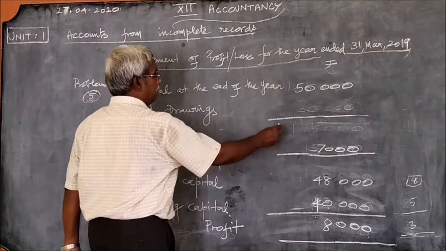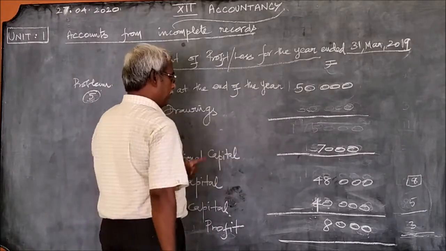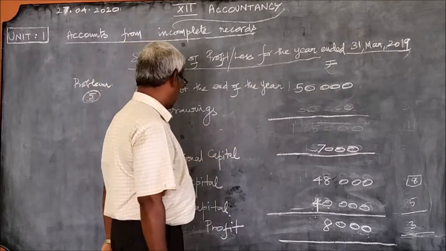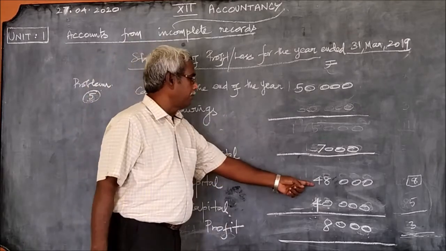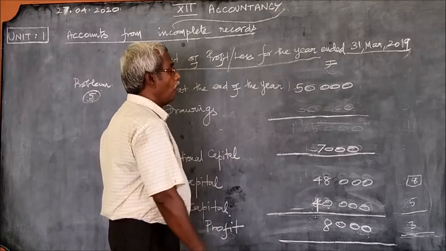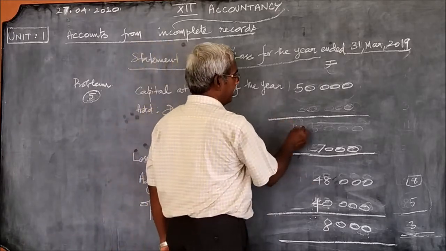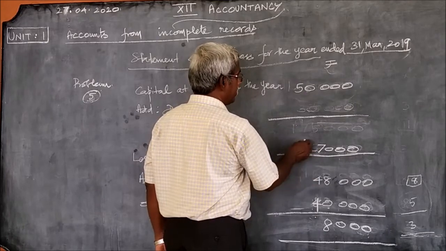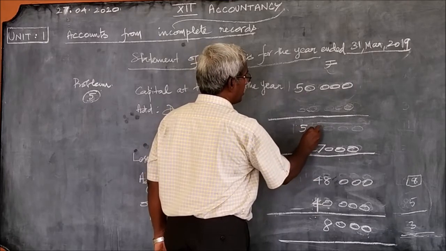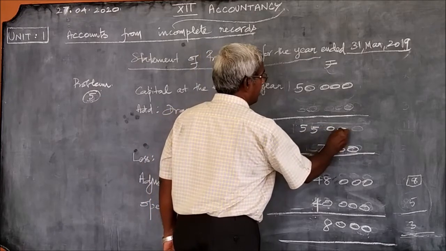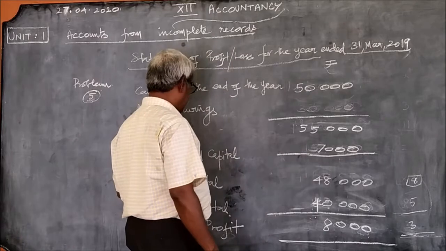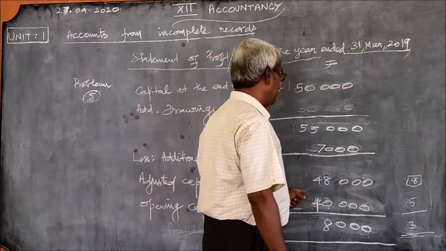There should be some number here, from which you deduct this additional capital 7,000 to get 48,000. What number must be there? If you minus 7, you will get 48. 55,000 must be there. 55,000 minus 7,000, you will get the adjusted capital 48,000.